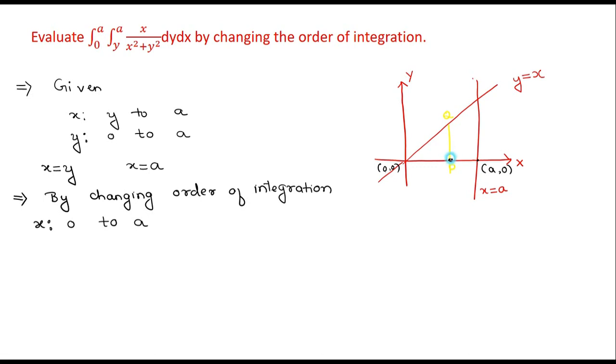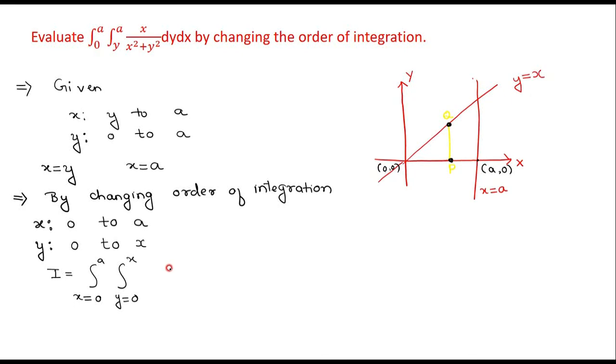So the value of y at the point P, it's a point on x axis, so therefore the y limit is 0. So it is 0 to, at the point Q, the value of y is equal to x. So the upper limit for y is equal to x. So therefore, after changing the order of integration, we can write the integral as, the x limits are from 0 to a and the limits of y are from 0 to x.